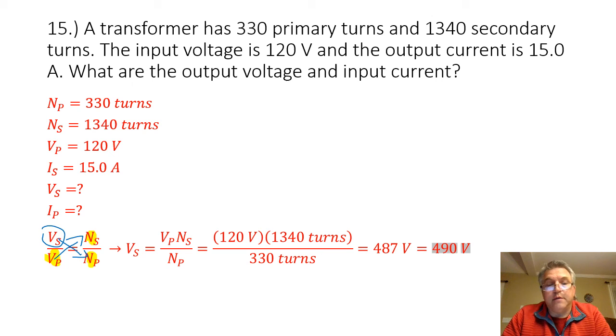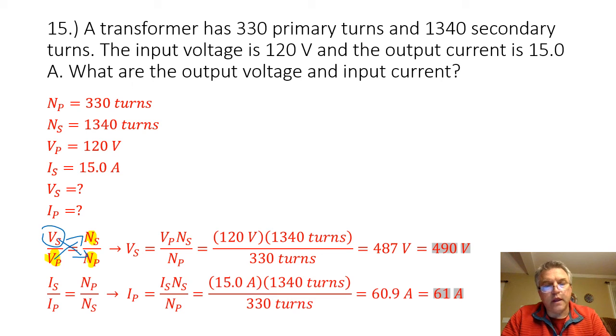Going to follow the same procedure for the primary current. In this case, I am going to use Is over Ip equals Np over Ns. Once again, I am given the primary and the secondary number of coils, and I am given the secondary current, or the output current, and I'm being asked to find the primary current.